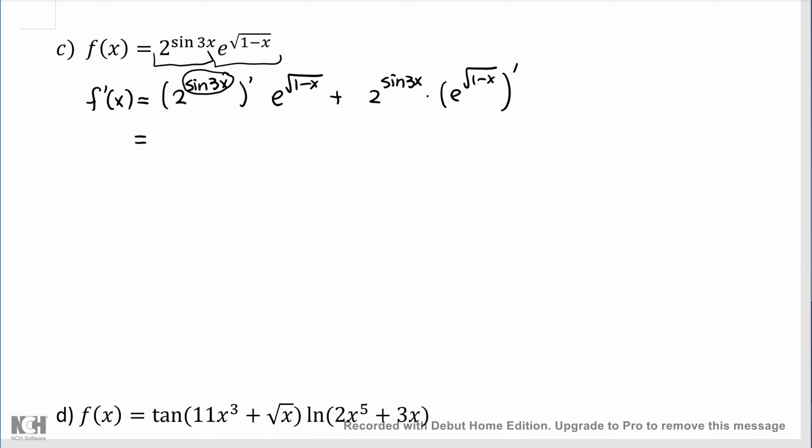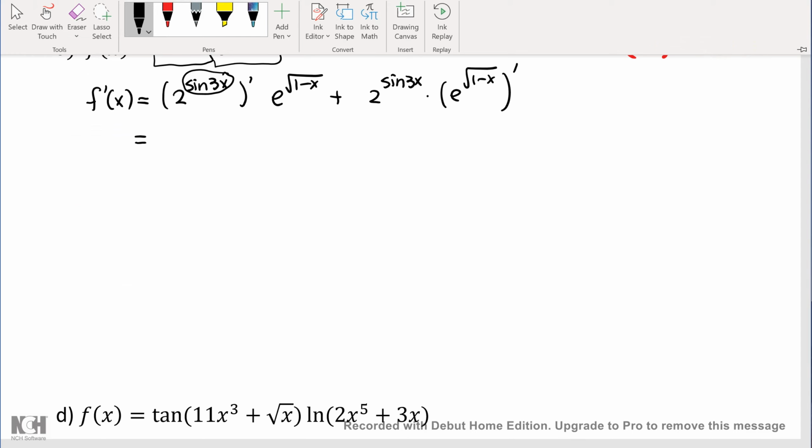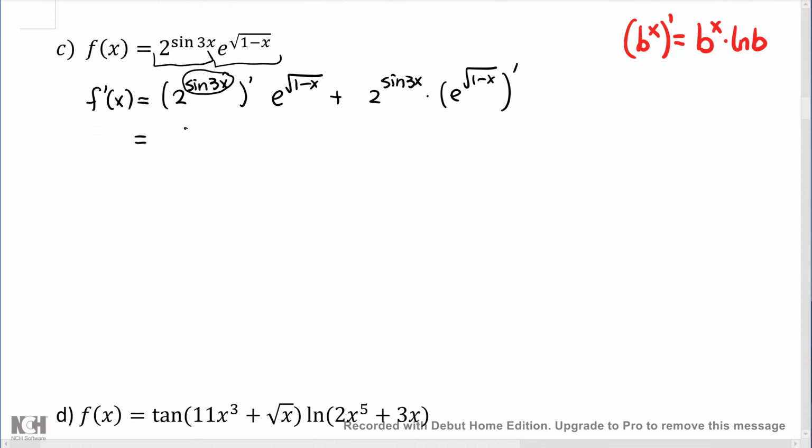So derivative of 2 to the u, remember, derivative of b to the x is b to the x times ln of b. So the derivative of 2 to the u is 2 to the u times ln of 2, times chain rule, which is sine 3x prime, u prime, right?